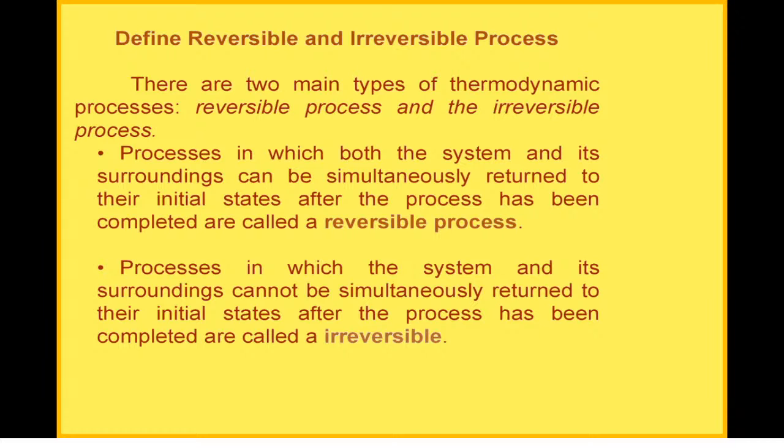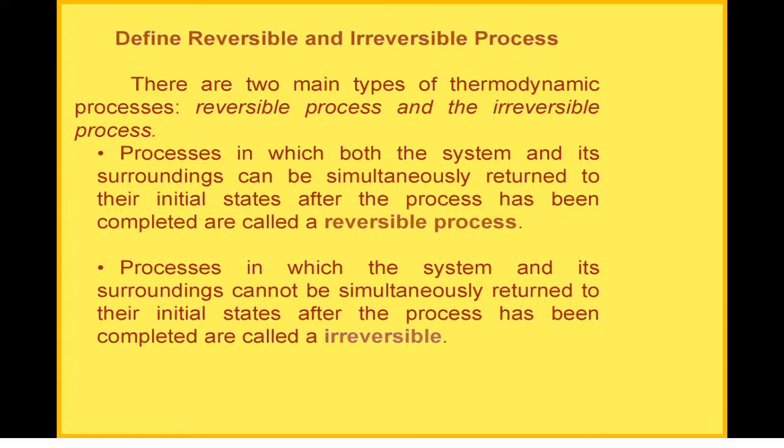There are two main types of thermodynamic processes: reversible and irreversible. A process in which both the system and its surroundings can be simultaneously returned to their initial state after the process has been completed is called a reversible process.